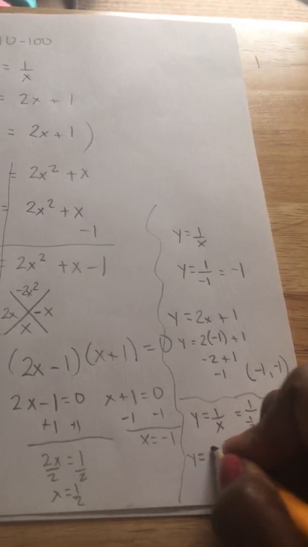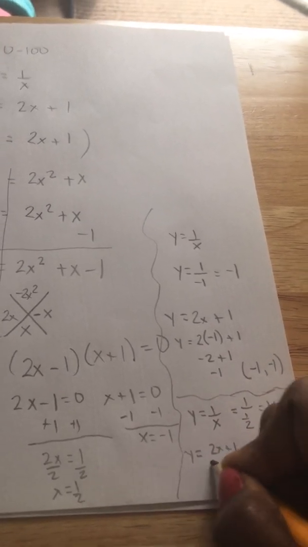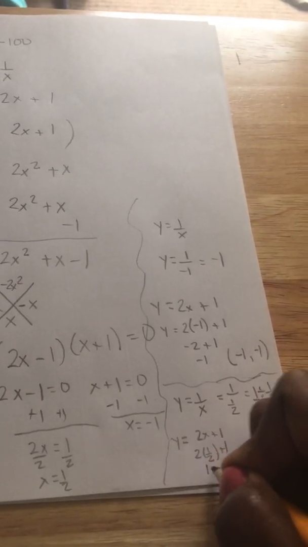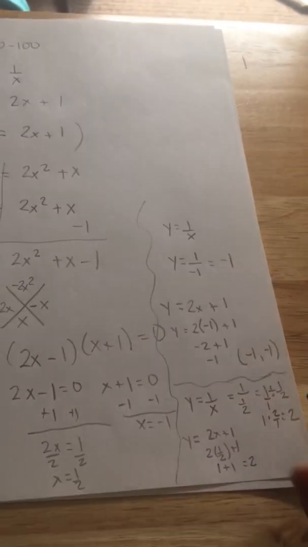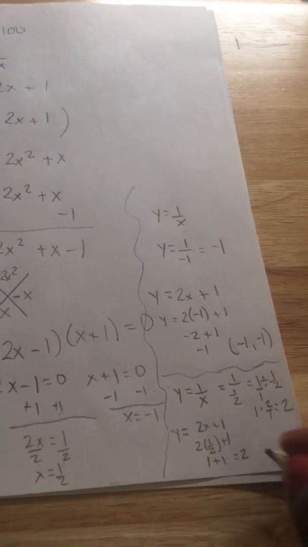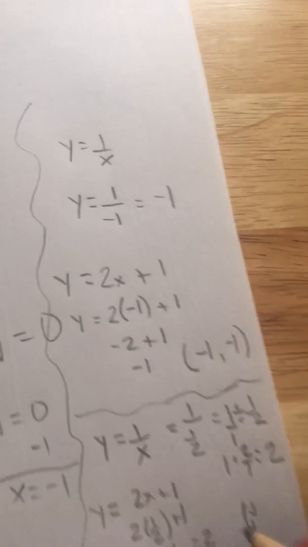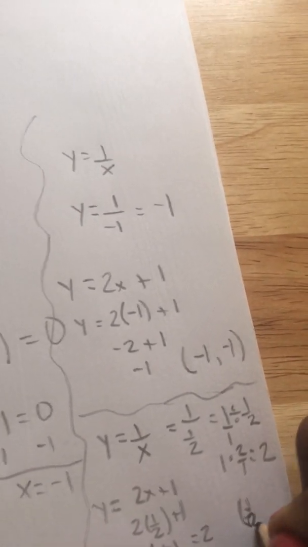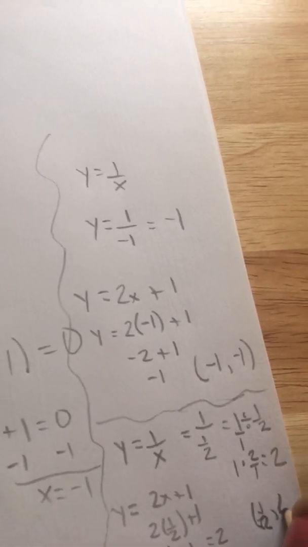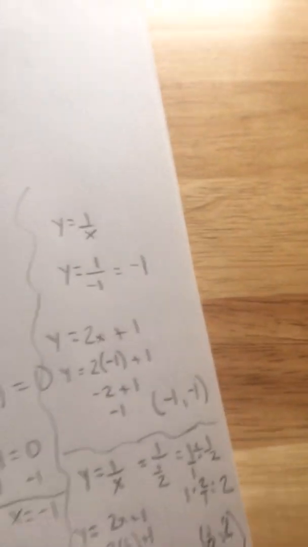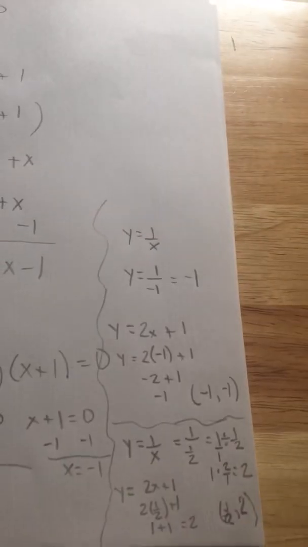Y equals 2x plus 1, which will be 2 times 1/2 plus 1. 2 times 1/2 is 1. 1 plus 1 is 2. So what that means is when x is 1/2, y is 2. 1/2, comma 2. That's that point of intersection.